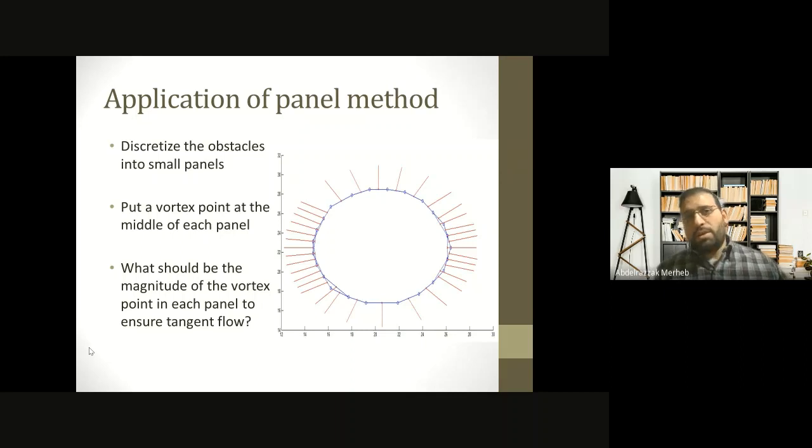Then we apply matrix inversion, and the problem will be solved, and the effect of each panel or each small segment on the flow will be calculated.